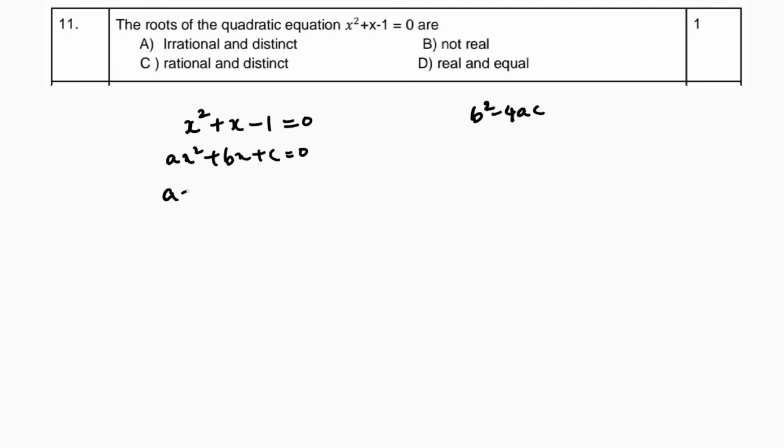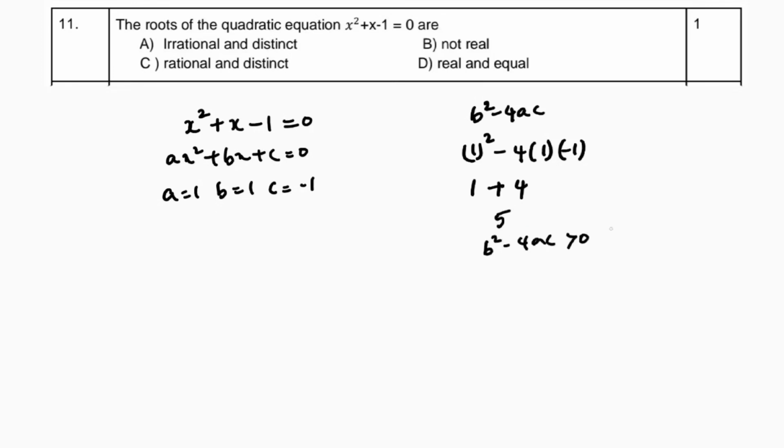Here a is 1, b is 1, c is minus 1. So b square is 1 square, 4 into a is 1, c is minus 1. So 1 minus into minus plus 4 into 1, 4. So it's 5. See, b square minus 4ac is greater than 0.